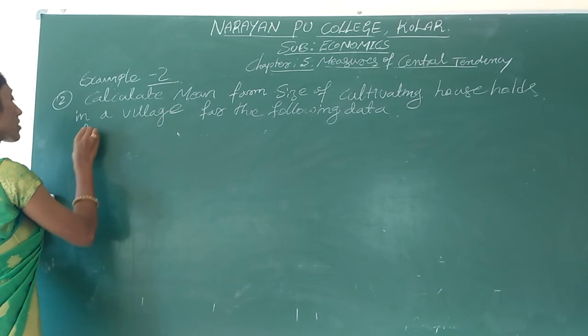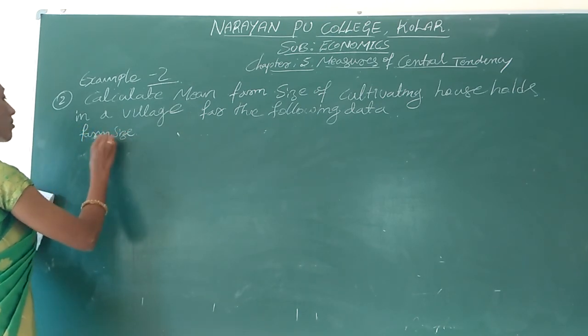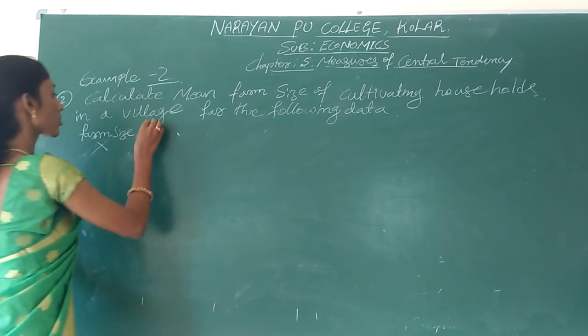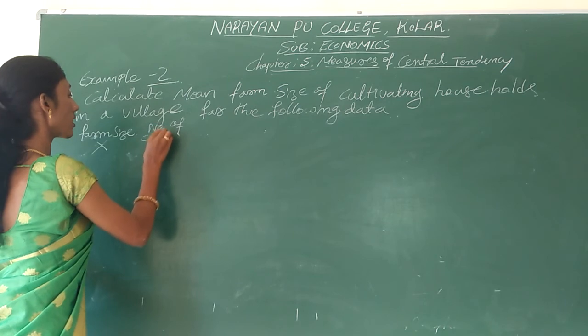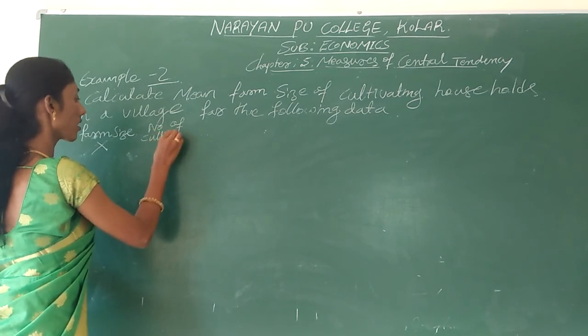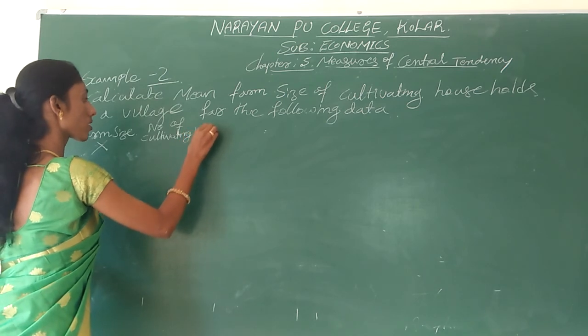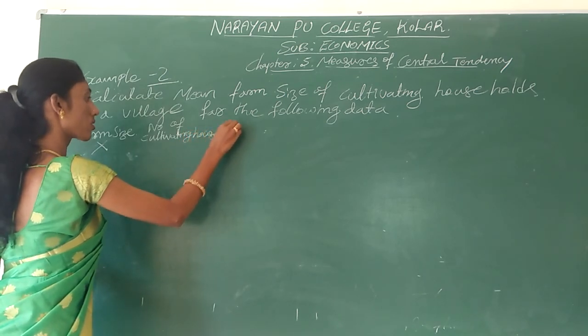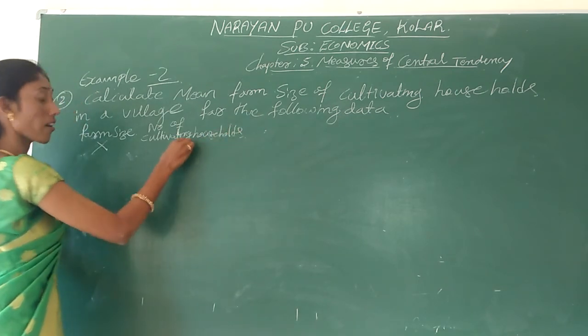Farm size: for this you just give x. Next one, number of cultivating households: for this you can give f.